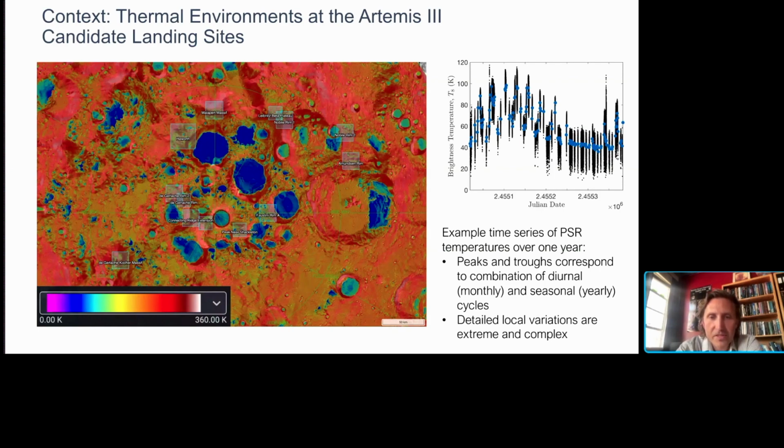You can see the example there where the exact temperature at any given time is a complicated combination of local topography effects that is very dependent on the exact location at all spatial scales, but it generally follows both the diurnal and seasonal oscillations.